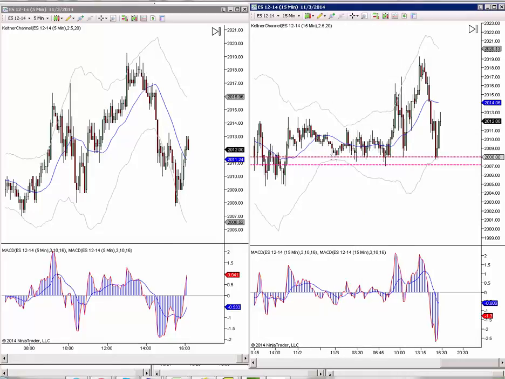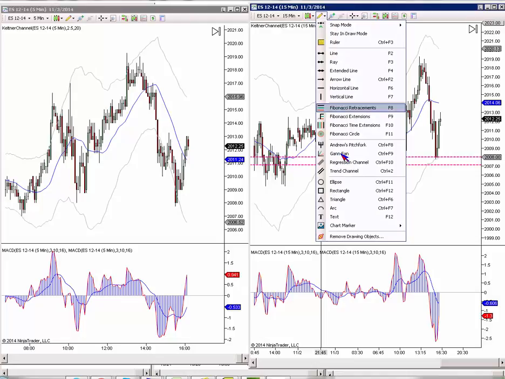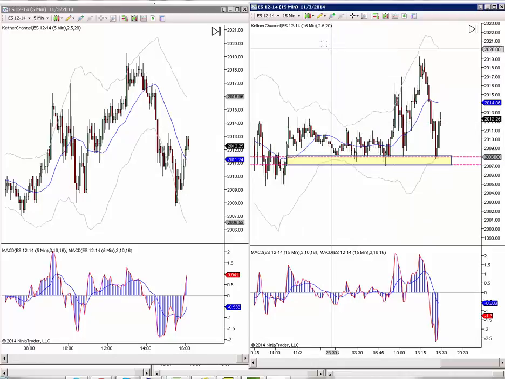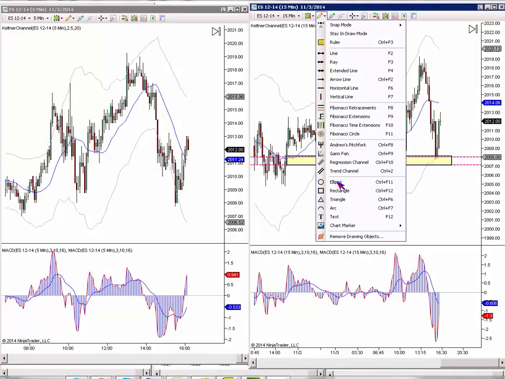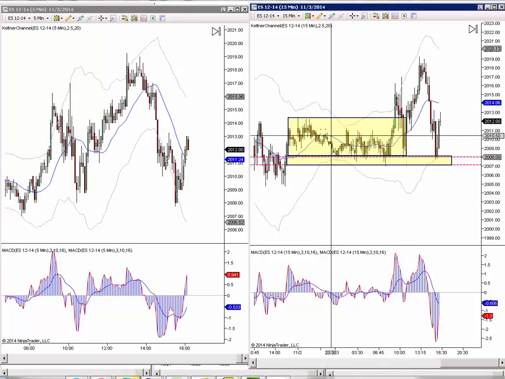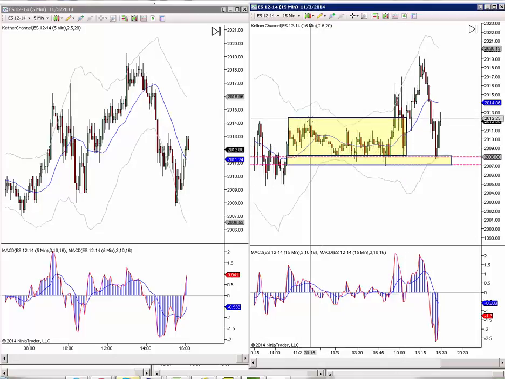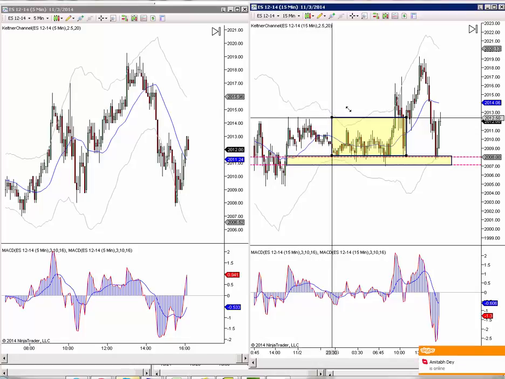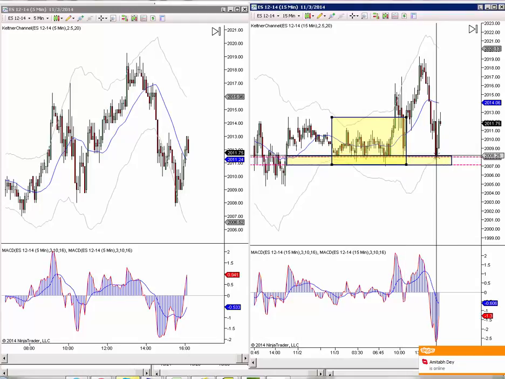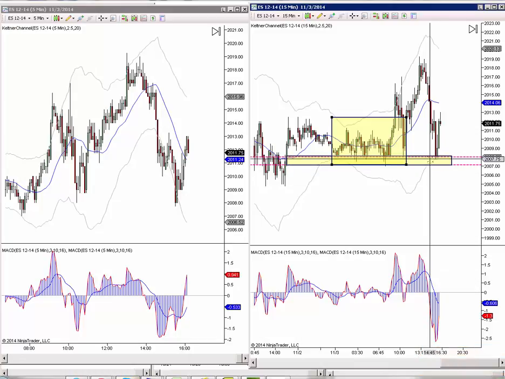So you got the bulk of your information right in this area. Right here. So we see the range lows all in this zone here, okay? And this is an area to get serious about.